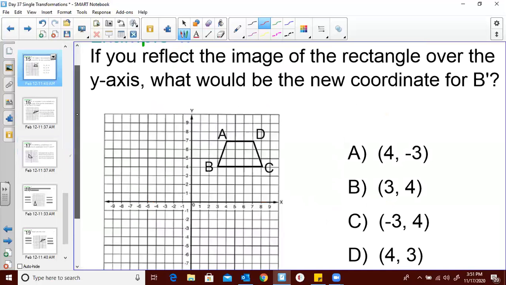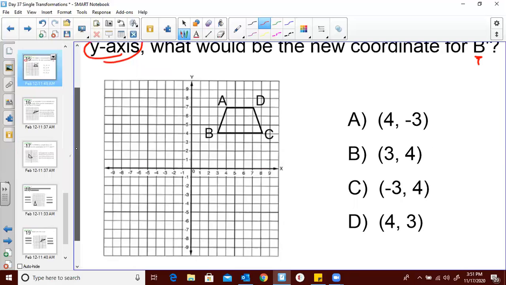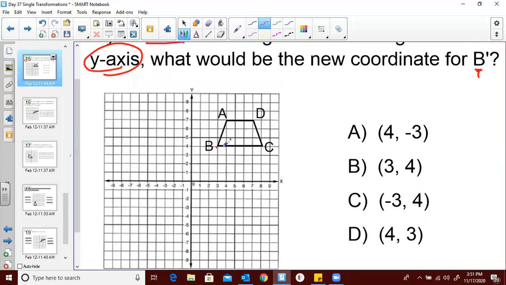All right, if you reflect the image of the rectangle over the y-axis, what would your new coordinate be for B prime? Well, we're looking for B prime, so why don't we start with B? Remember, we're reflecting over the y-axis, so let's look at our y-axis.